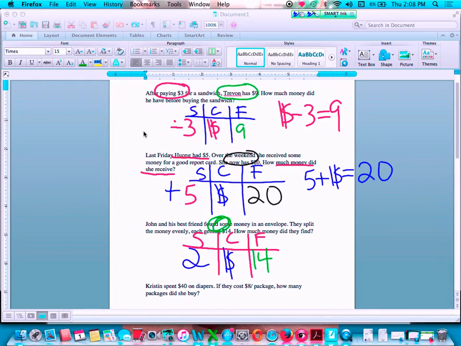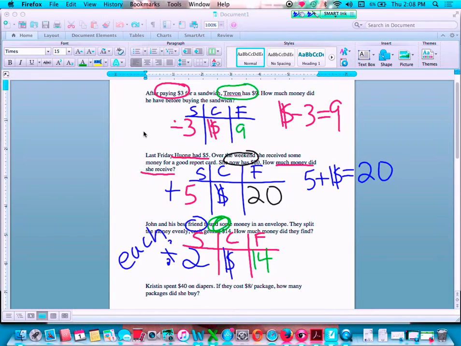Well, there is a word, and it's this word right here, each. Each means times in this case. So I need to do a division problem in this case. So they got 2 people.